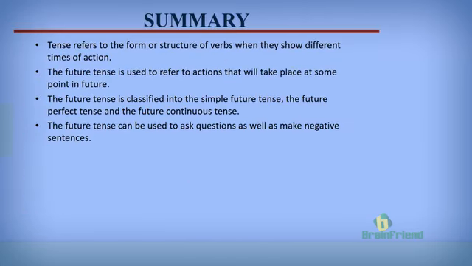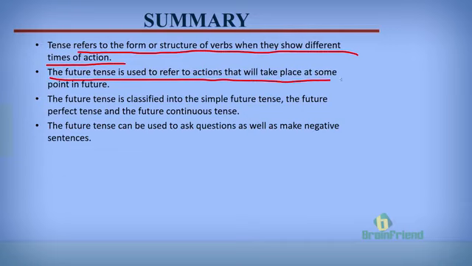We've come to the end of our lesson today on future tense. Now let's remind ourselves of all we have learned so far. Today we reminded ourselves that tense refers to the form or structure of verbs when they show different times of action. We also learned that the future tense is used to refer to actions that will take place at some point in future.